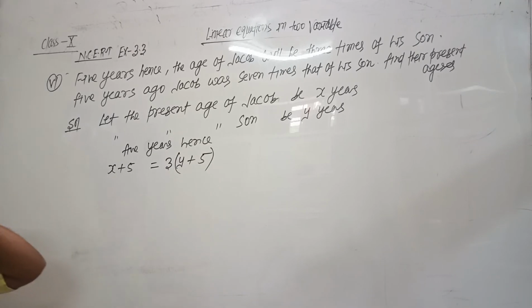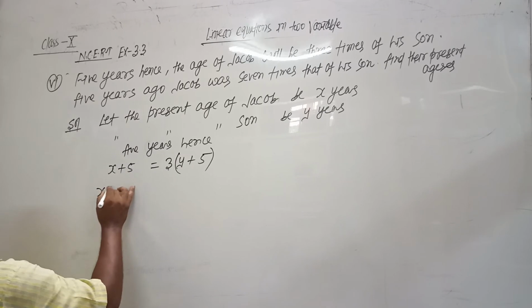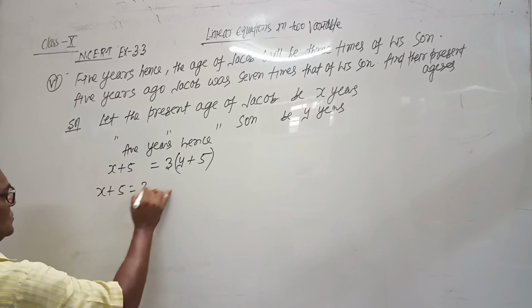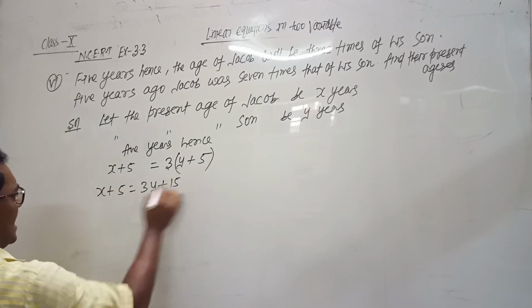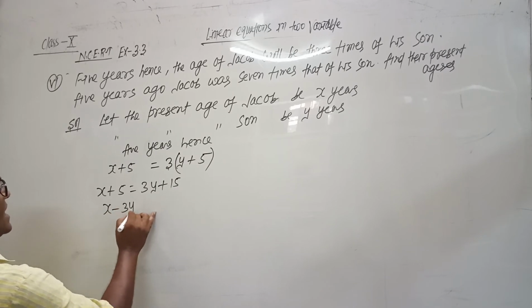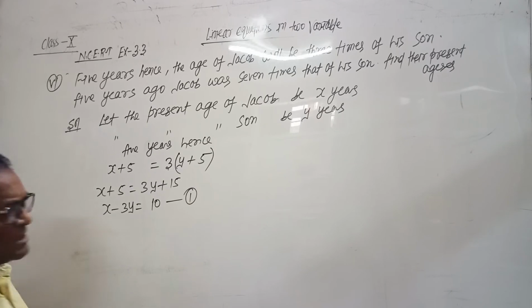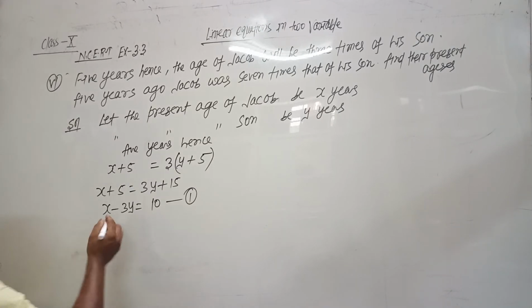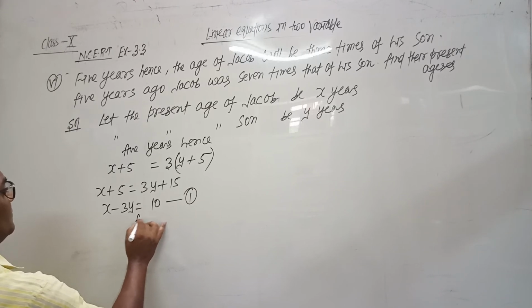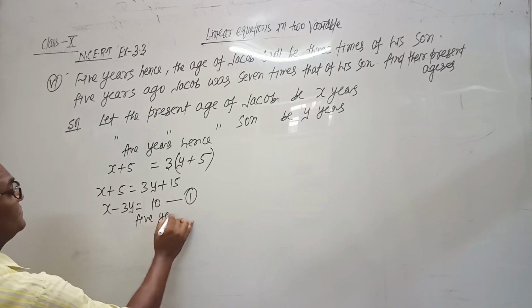So we multiply by 3 the age of the son. Then we get x plus 5 equals 3y plus 15, and x minus 3y equals 15 minus 5, which is 10. First equation. Now 5 years ago, so find their ages. 5 years ago.